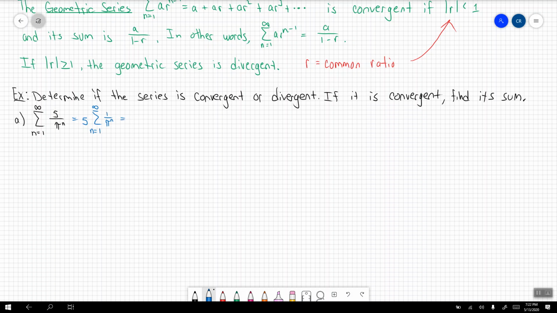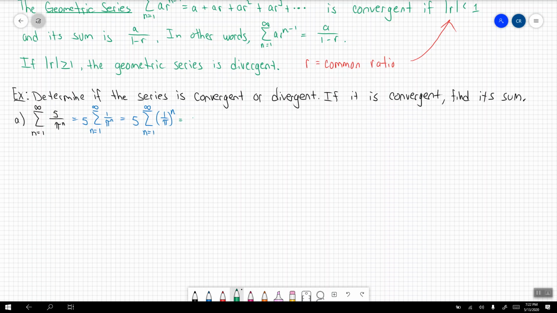Now I'm going to rewrite this slightly differently, as 1 over pi to the power of n. Typically I would like to stop here. However, I want to show you a little bit more. What would happen if we expand at this point?